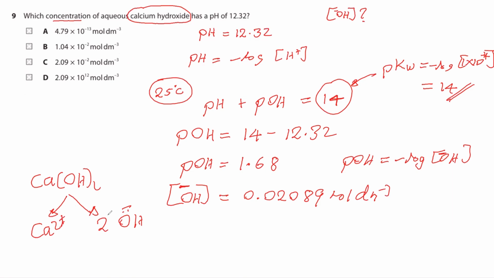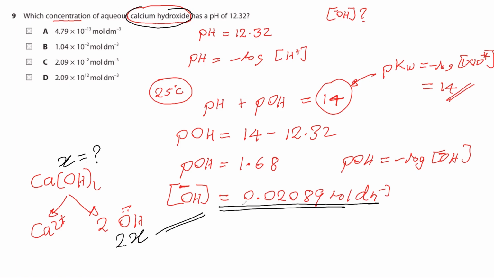So that means if the concentration of calcium hydroxide is x, the concentration of OH minus ions I am going to get in the solution is 2x. But they're asking which concentration of calcium hydroxide. They need the concentration x, not 2x. I found 2x here. That's the OH minus ion concentration.